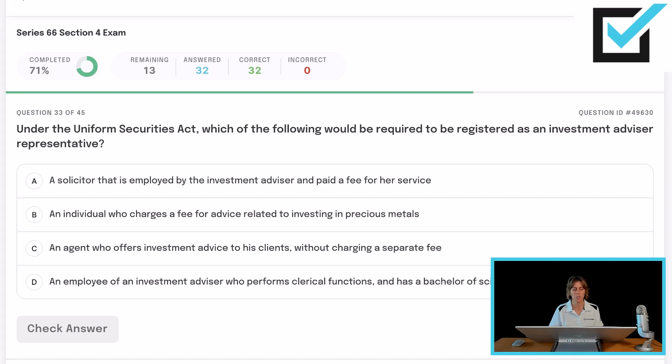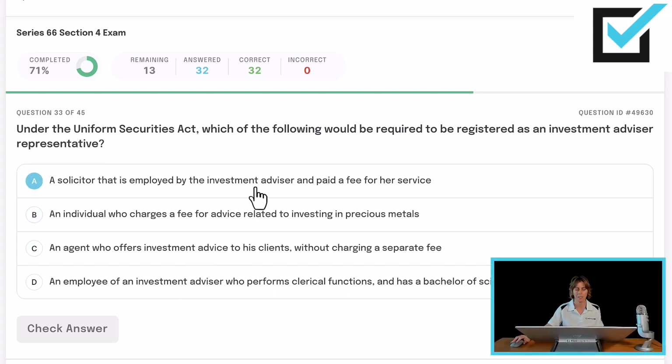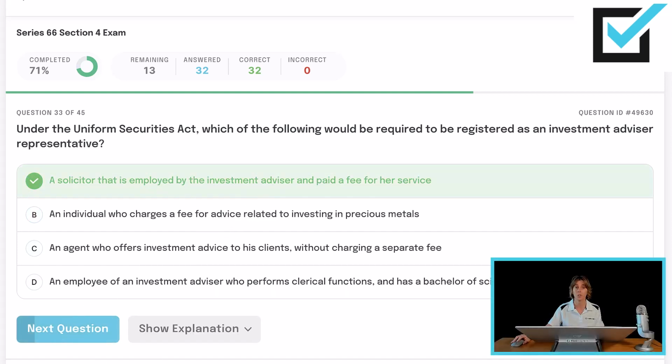An individual who charges a fee for advice relating to investing in precious metals? No. An agent who offers investment advice to his clients without charging a separate fee? No. An employee of an investment advisor who performs clerical functions and has a Bachelor of Science in Finance? The only one of these that would be required to be registered as an IAR is the solicitor or finder that is employed by the investment advisor and paid a fee for her service.